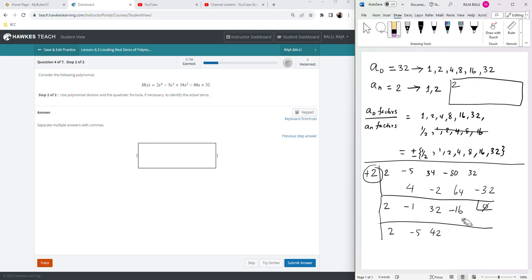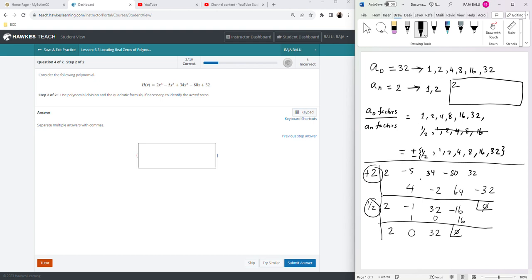Maybe I should try 1/2 and see if it works. If I try 1/2, 2 times 1/2 is 1, 0. That'll be a 0. This is 32. Oh, yeah, it worked.